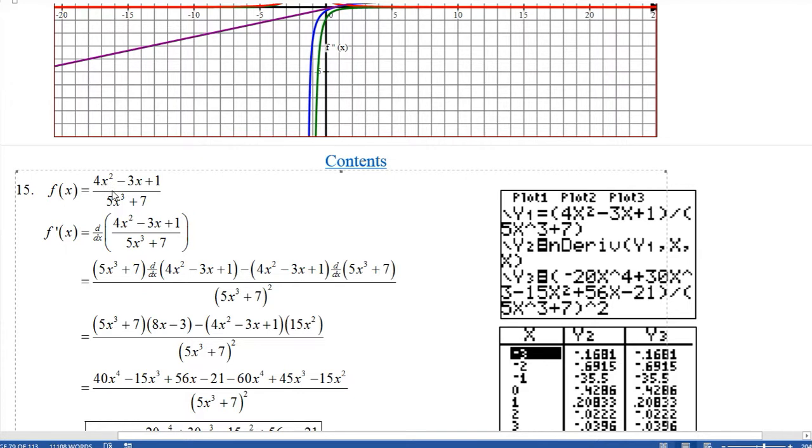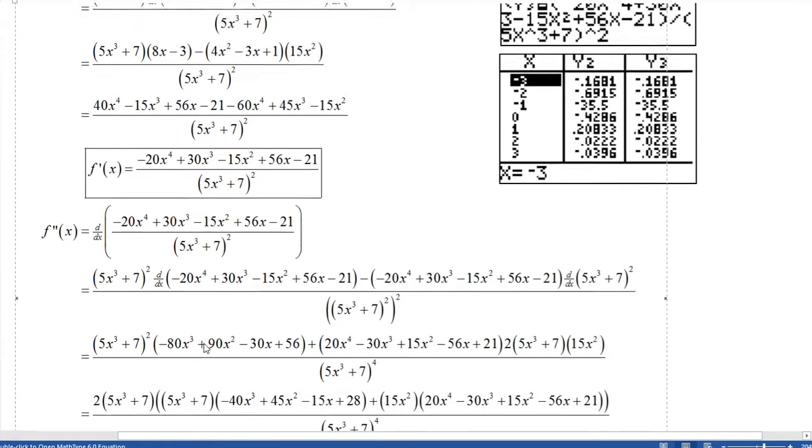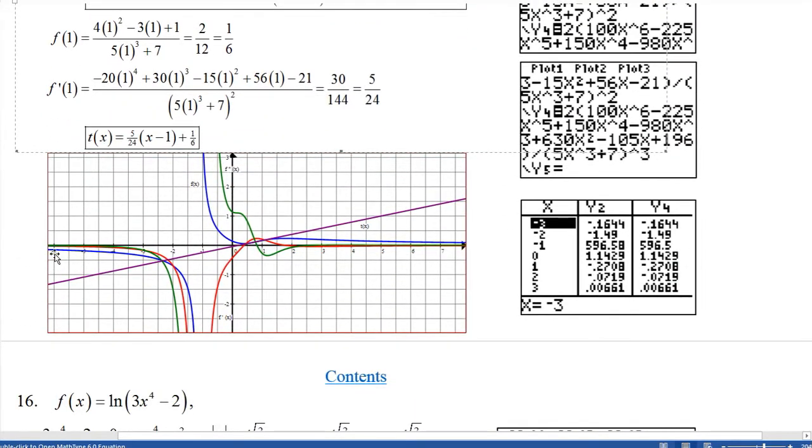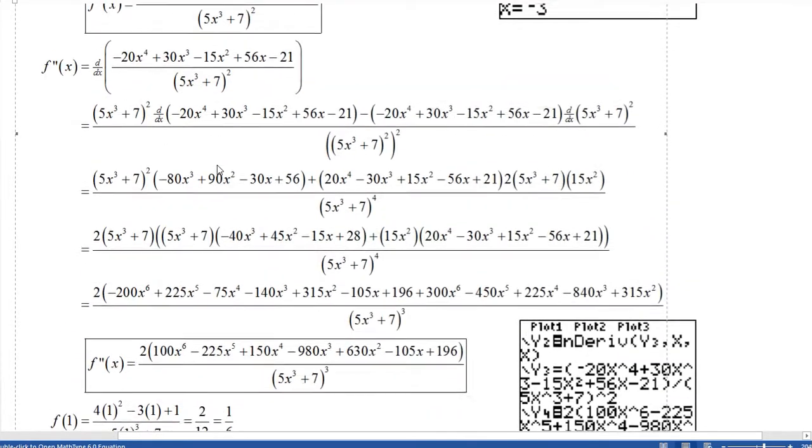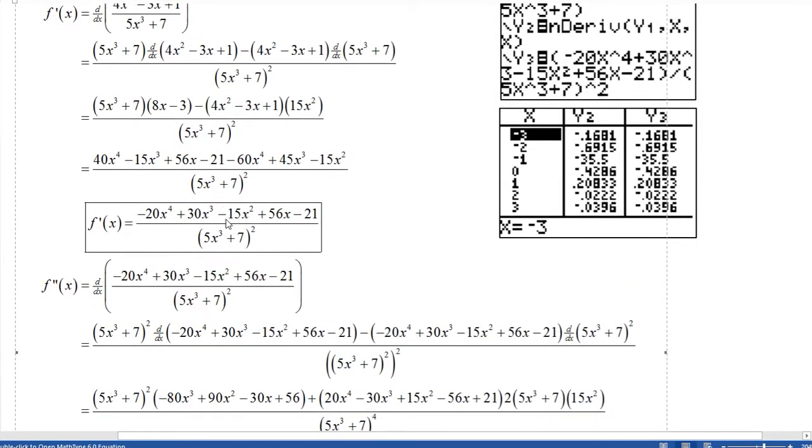Let's do end behavior next. If you take the limit as x goes to infinity, since the bigger power is in the denominator, the original function is going to approach the x-axis, y equals 0, on both the right and left ends. So we should see an asymptote there on both ends, which we do. Notice that the end behavior of the derivative and the second derivative are also approaching the same thing, I believe. Yes. This has an x to the 6th power in the denominator, which is going to dominate over this x to the 4th.